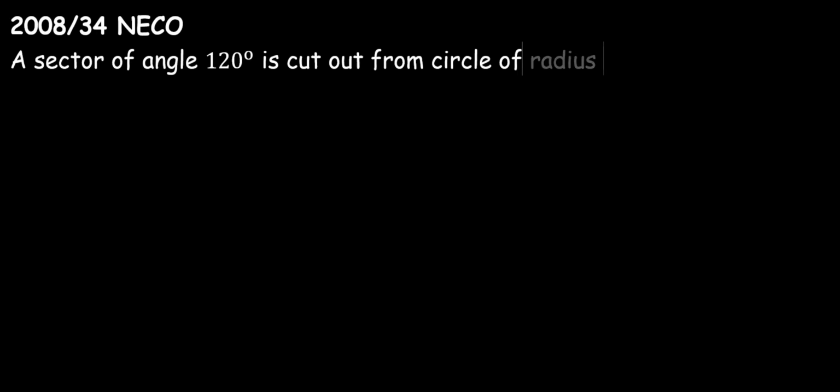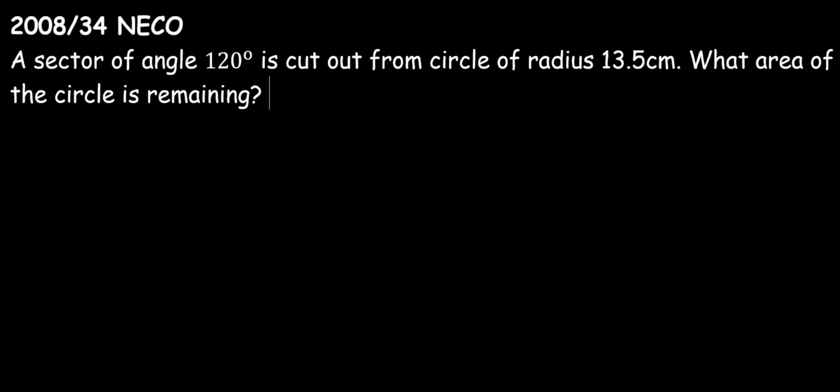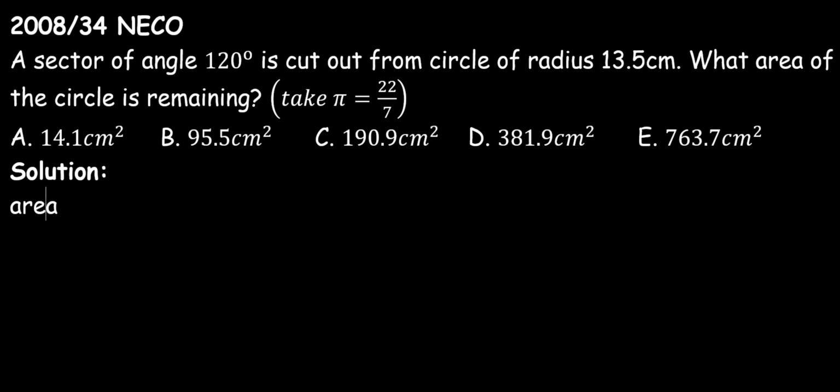Another example. A sector of angle 120 degrees is cut out from a circle of radius 13.5 cm. What area of the circle is remaining? Take pi equals 22 over 7. The options are given. Solution. Area of a sector is equal to theta over 360 times pi r squared.